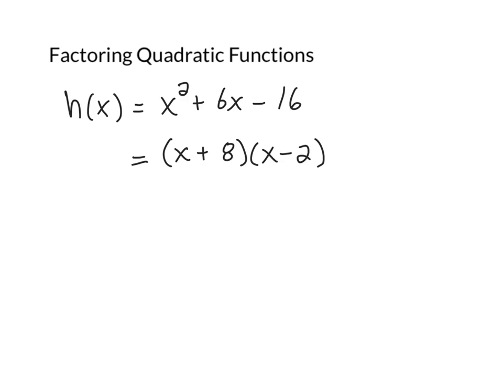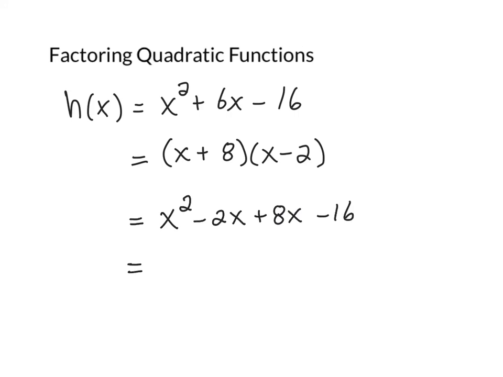But let's go ahead and take it one step further. Let's do our check. Let's FOIL it out. First terms, x squared. Outside terms, minus 2x, right? So x times negative 2 is minus 2x. Inside terms, plus 8x. Plus 8 times negative 2 gives us negative 16. Final thing, combine our like terms.